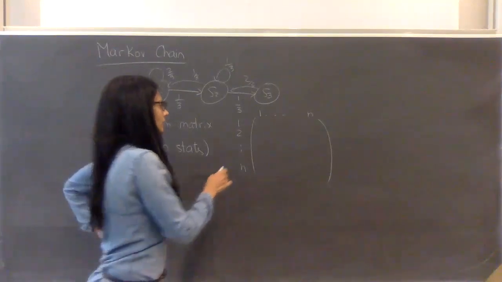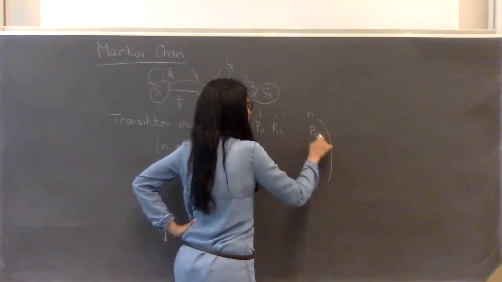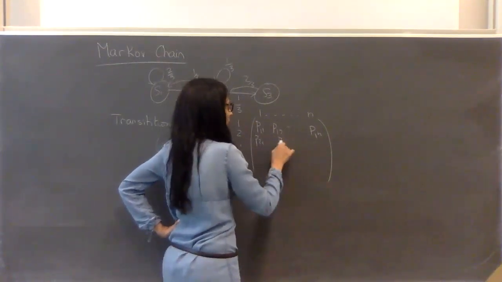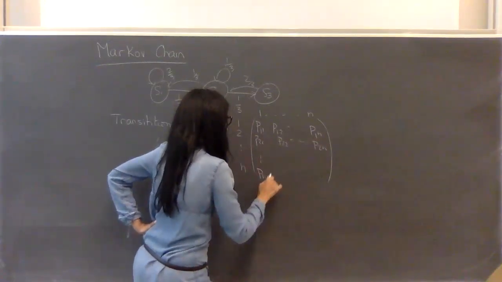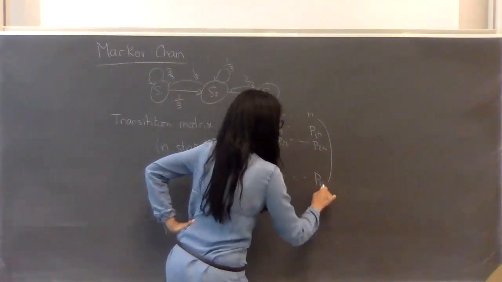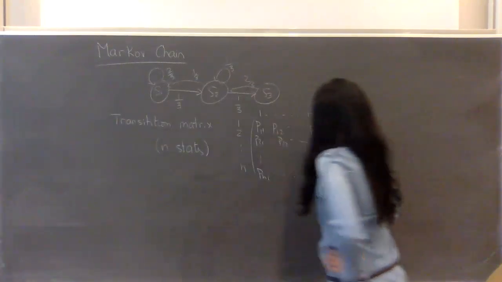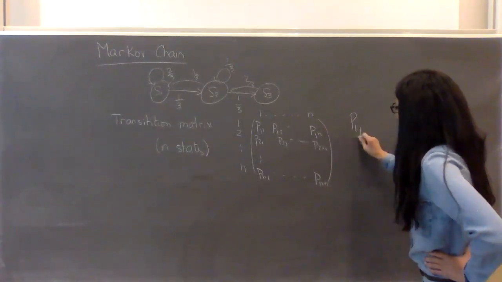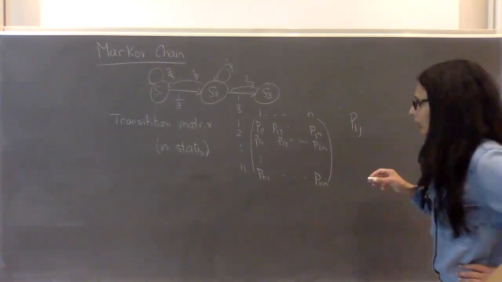And then let's call them P11, P12, P1n, P21, P22, P2n, Pn1, Pnn. What is the meaning of each value?